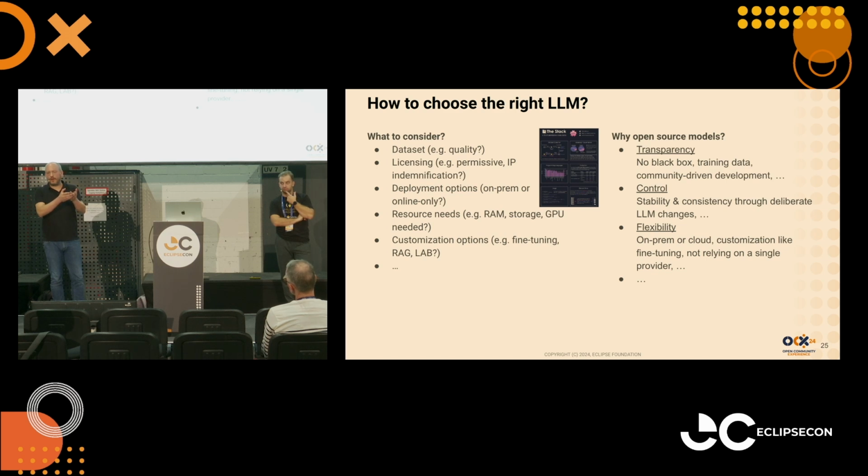When you go to OpenAI with ChatGPT, you don't know when something has been changed on the model or on the data. And since the answers are not deterministic, it's difficult to spot a difference. When it's your own model, you can make a change and know what has been changed. And flexibility, of course, on-prem or in the cloud. You have customizations like fine-tuning, and you are not relying on one single provider.